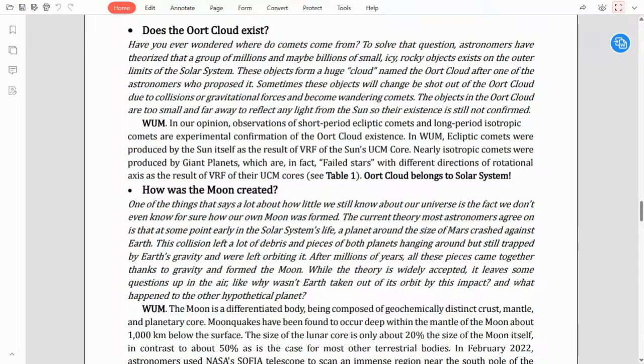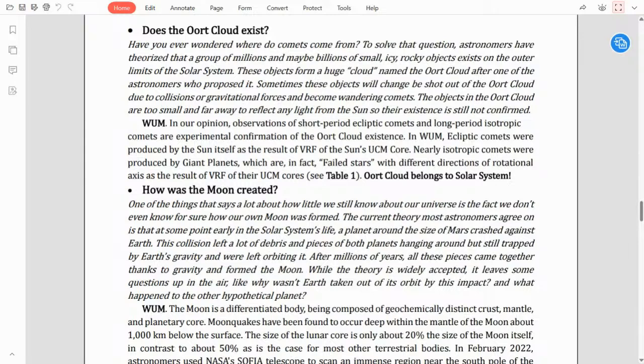Nearly isotropic comets were produced by giant planets, which are in fact failed stars, with different directions of rotational axis, as the result of volcanic rotational fission of their UCM cores. Take a look at table 1. Oort cloud belongs to the solar system.